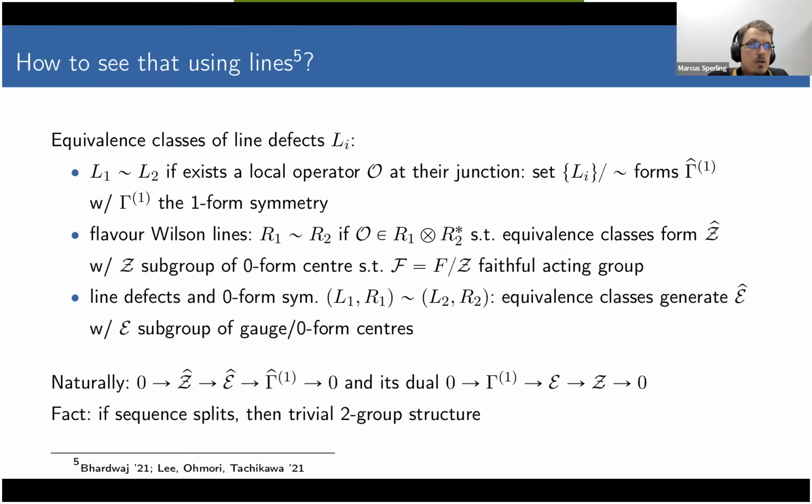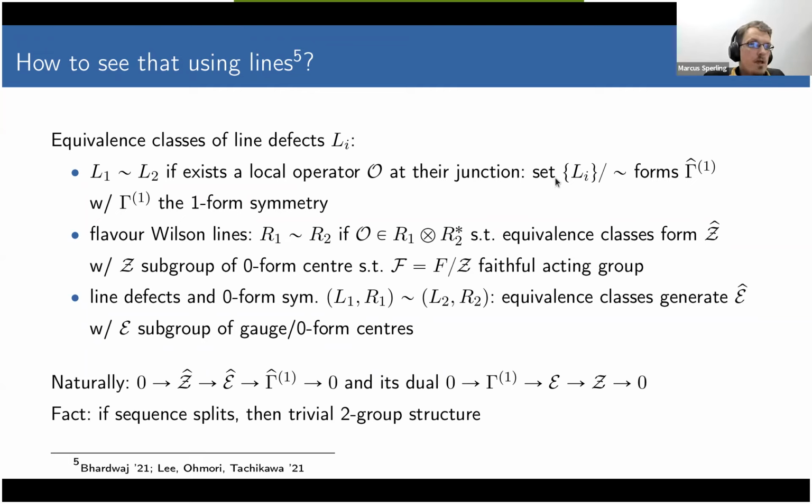Well, it turns out that if you want to define the topological operator which measures the charge of the line defect, then if two line defects are equivalent, so there's a local operator in between, they necessarily need to have the same charge. So that tells you that the set of equivalence classes actually tells you the set of allowed charges. And then the topological operators are given by elements in the Pontryagin dual, which is this Gamma^(1). And hence, by definition, this gives you the one-form symmetry.